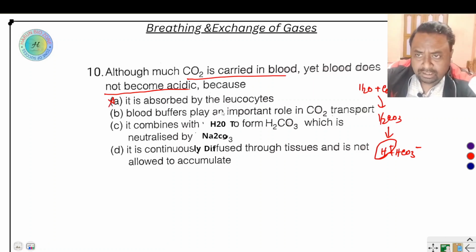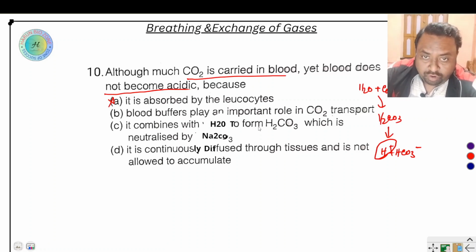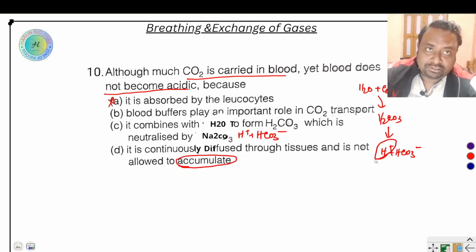The H2CO3 is neutralized by H plus and HCO3 minus. It is continuously diffused through tissue and is not allowed to accumulate. It's a continuous process.